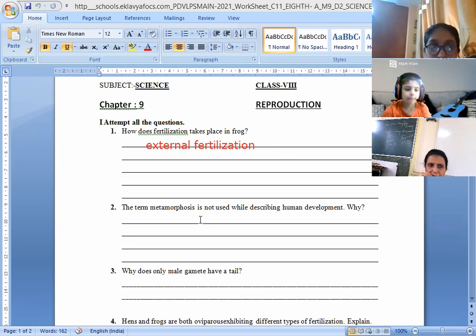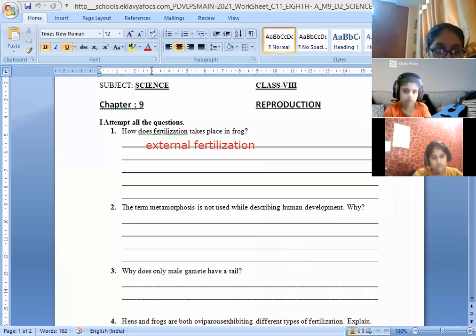So these are the steps that take place in frogs, but that does not take place in humans. In humans, after fertilization, the growth of a baby takes place. That's it. Next is, why does only the male gamete have a tail?